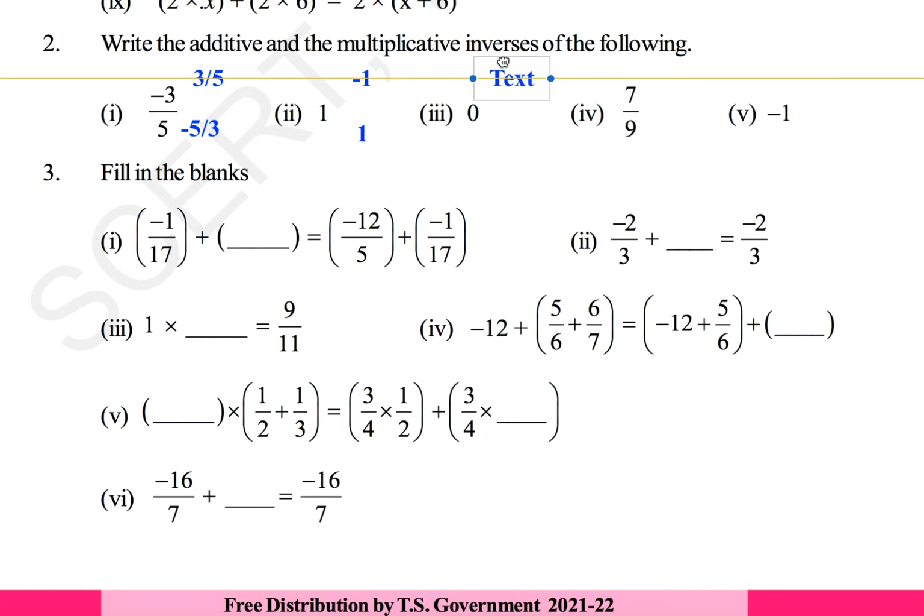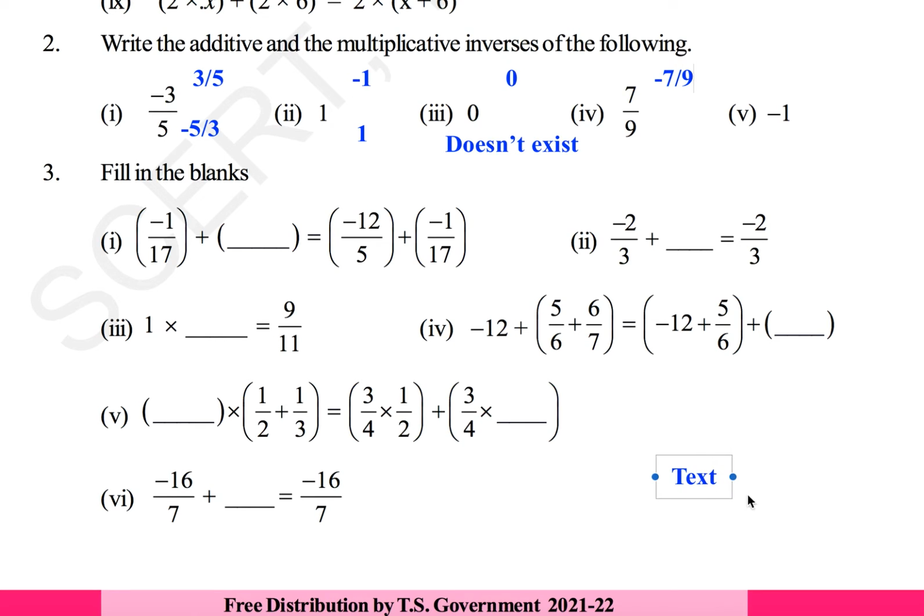What about the next one? 0. What is additive inverse? It is 0. What is multiplicative inverse? It doesn't exist. Additive inverse here in this case is minus 7 by 9.